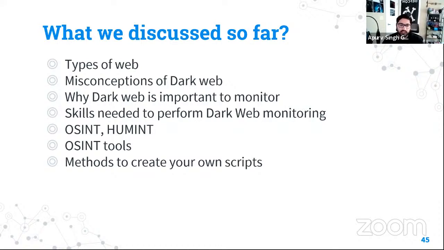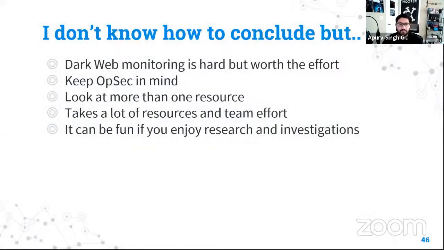We talked about skills: if you want to start in this, what skills you can survive with, what skills you cannot survive with. We talked about open source intelligence and a few open source intelligence tools. We talked about human intelligence, like why it is hard and how you can secure yourself while doing it. And lastly, we talked about a few methods to create your own scripts.